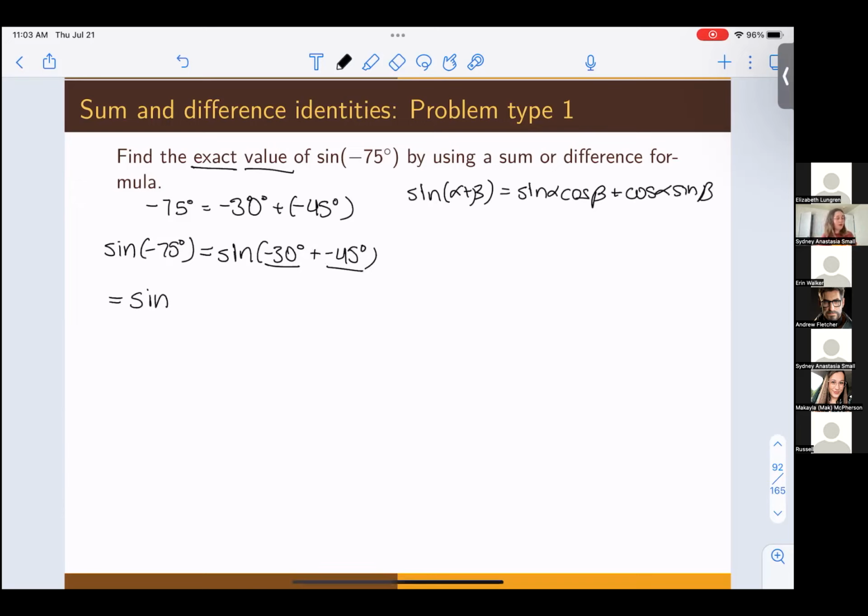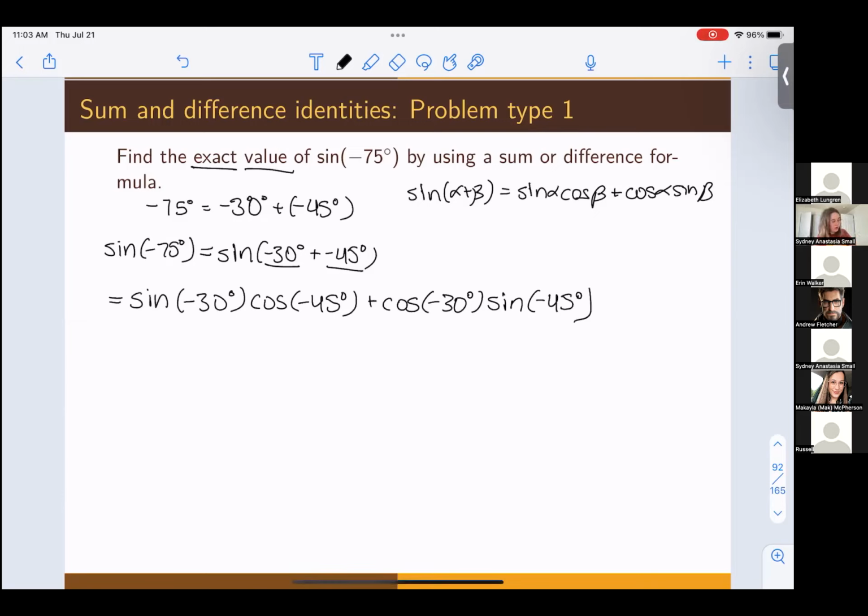So with our values, that's the sine of negative 30 degrees times the cosine of negative 45 degrees plus the cosine of negative 30 degrees times the sine of negative 45 degrees.